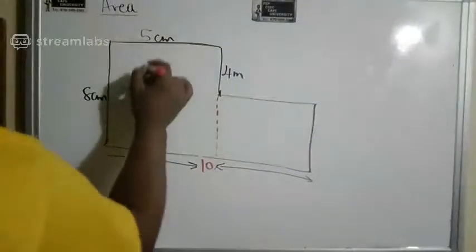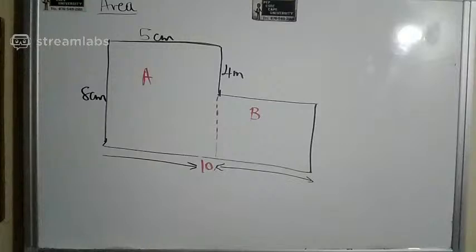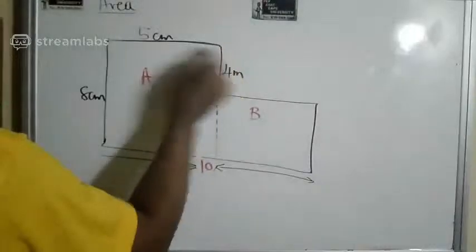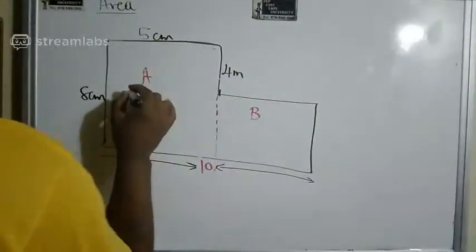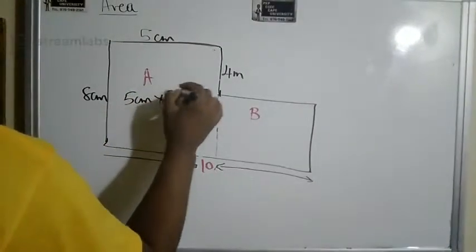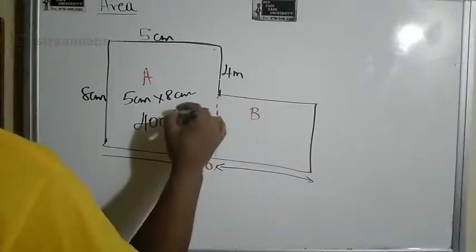We call this A and this B. So the area of A, which is a rectangle, is 5 by 8, right? So it's 5 centimeters times 8 centimeters. 5 times 8 is 40 centimeters square.